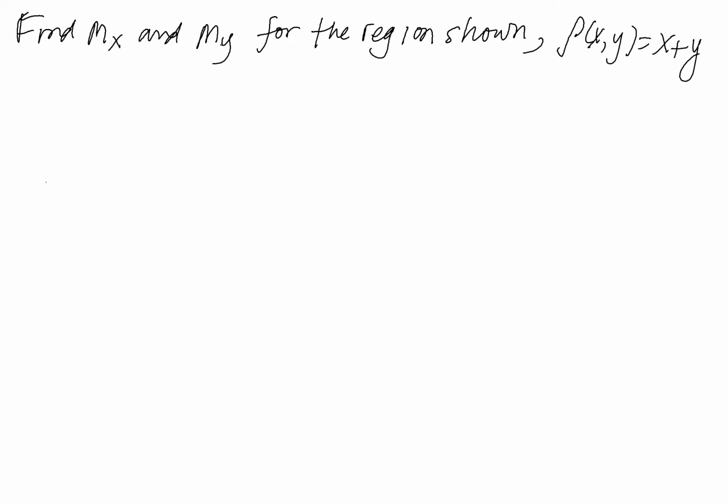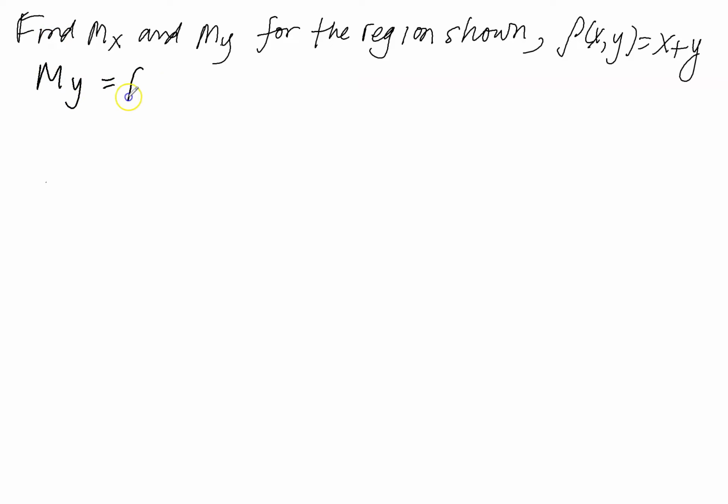So if we're asked to find m sub x and m sub y for the region that we've been working with, and the density function x plus y that we've also been working with, to just plug in the formula, let's start off with m sub y.